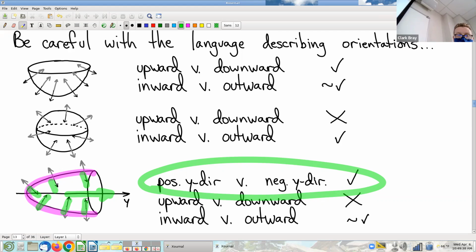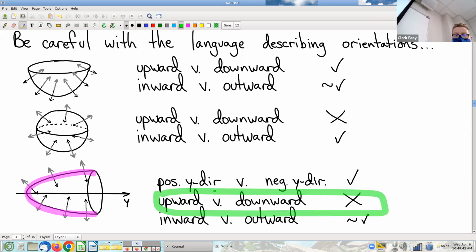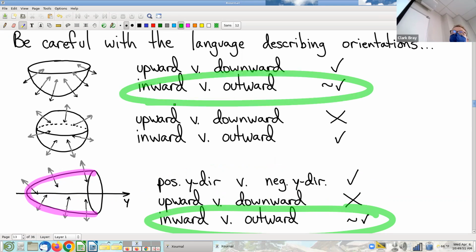Okay, but definitely not upward versus downward. That makes no sense at all. Doesn't distinguish anything. Inward versus outward, again, I guess in a pinch that's sort of okay, but suboptimal and not really as useful either.